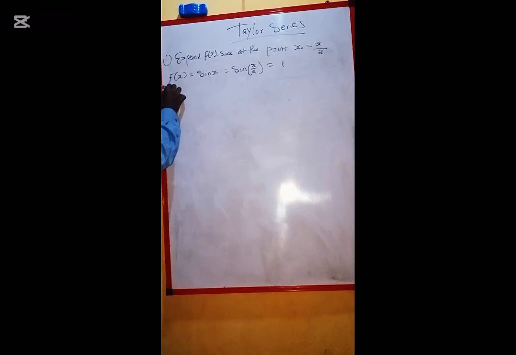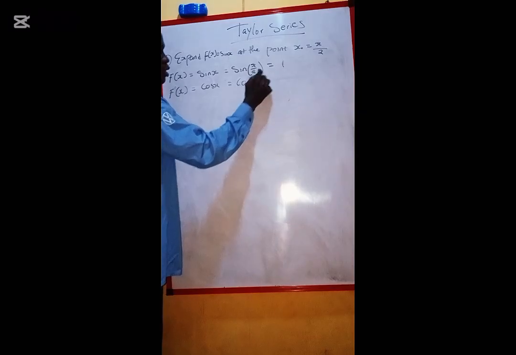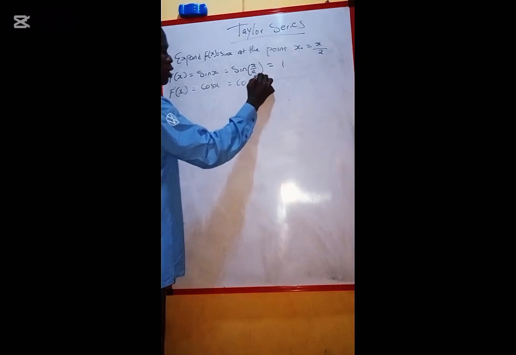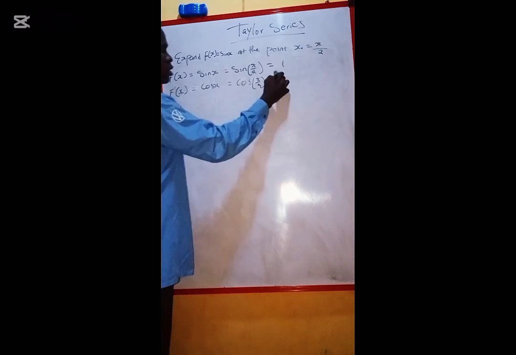For the first derivative, we differentiate sin x once, which gives us cos x. So cos of pi over 2 equals cos 90, which is 0.